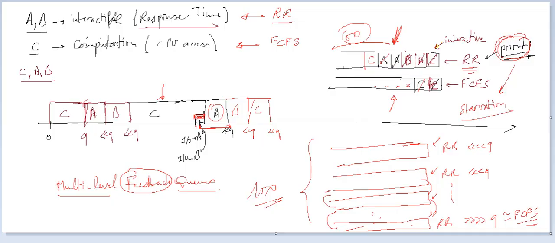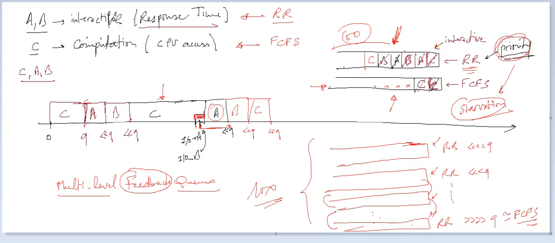If every time many processes with a higher priority come in, they are going to reduce the chances of the processes on the lower priority queues to run. That means these processes cannot use the CPU. They are starving for the CPU.